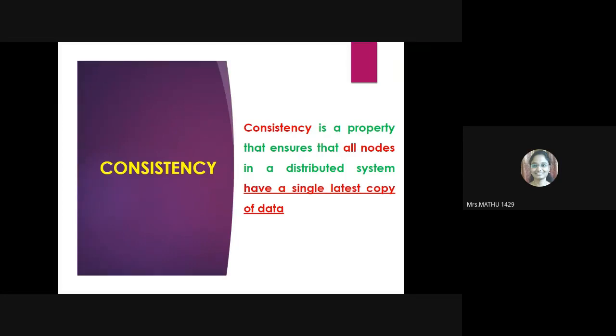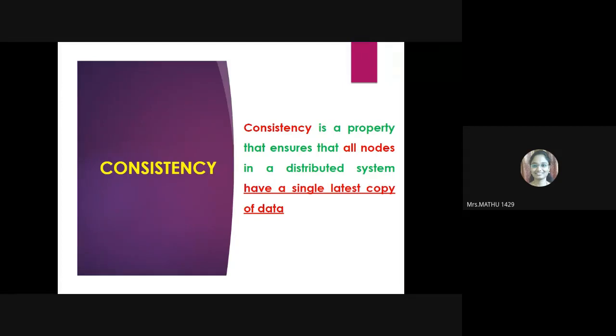Consistency is a property that ensures that all nodes in the distributed system will have a single latest copy of data. Okay, so what is the meaning of that? We have several nodes in the network, and we are passing messages between the nodes. Each node is capable of sending messages.